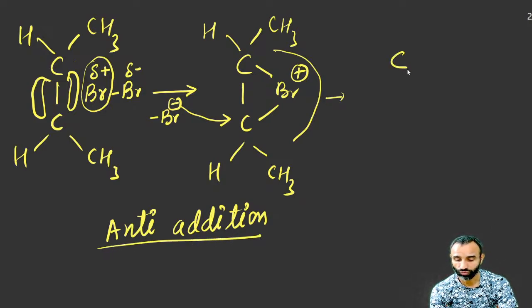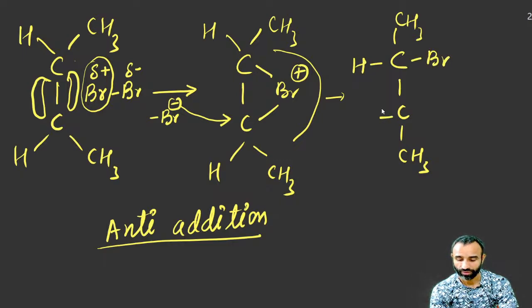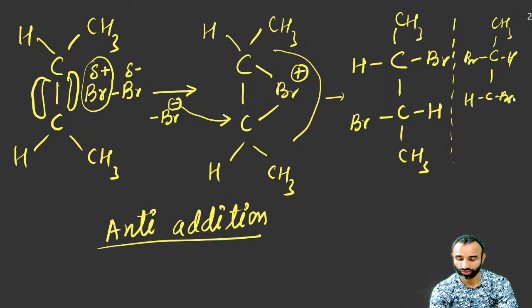So due to this anti-addition, if it is H, Br on one carbon, it is Br, H on the other. So Br, H, H, Br, CH3.